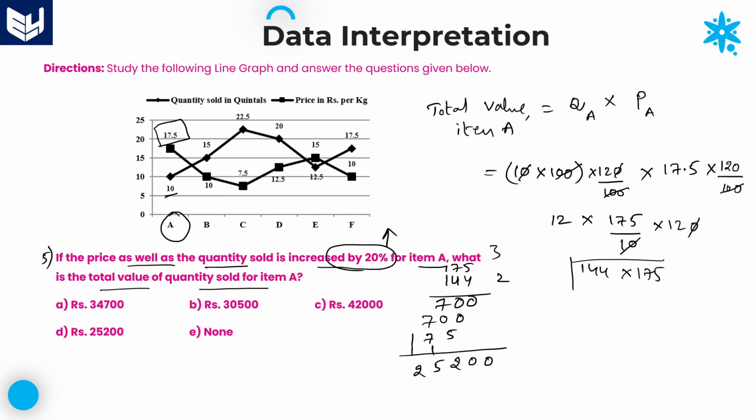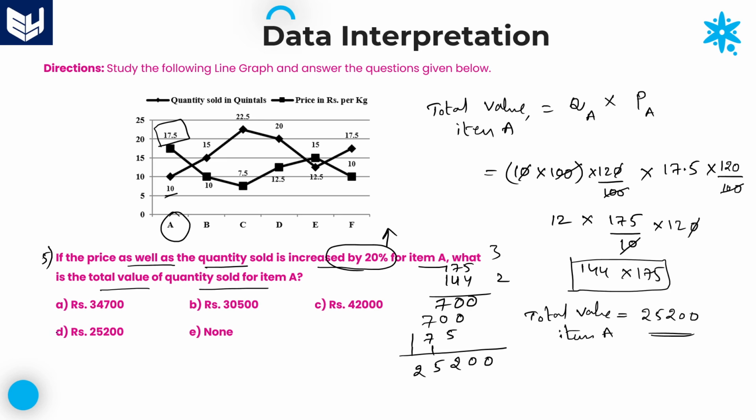The product of these two values is equal to 25200. That is the total value of item A. Total value of item A is equal to 25,200 after increasing the price as well as the quantity by 20 percentage.